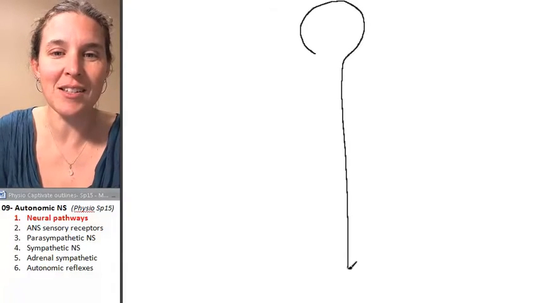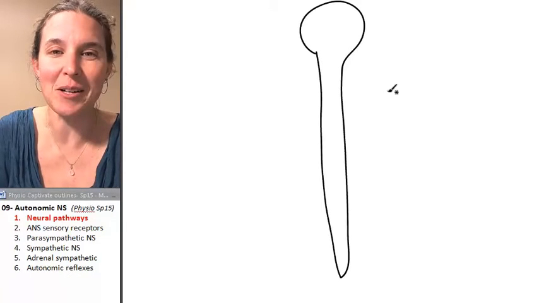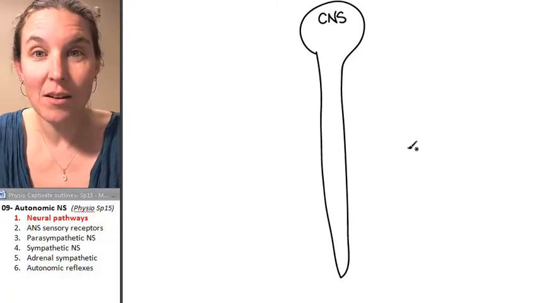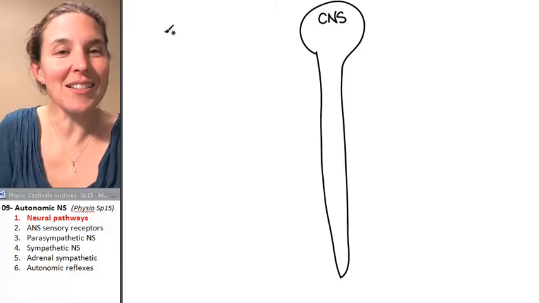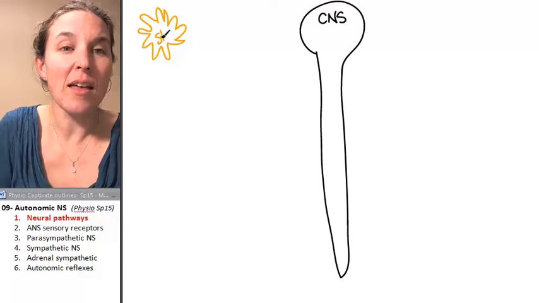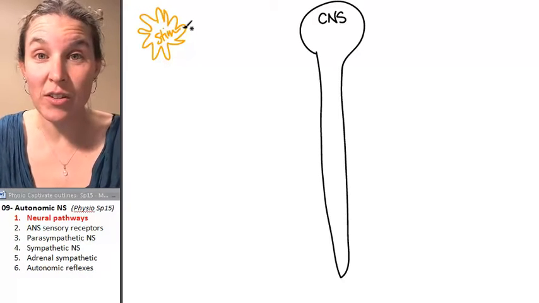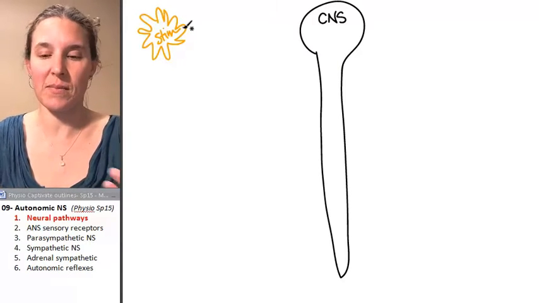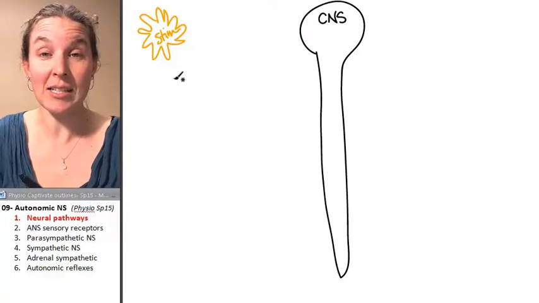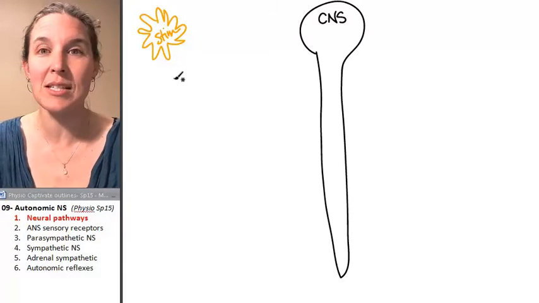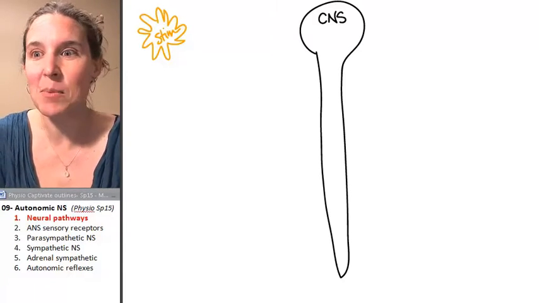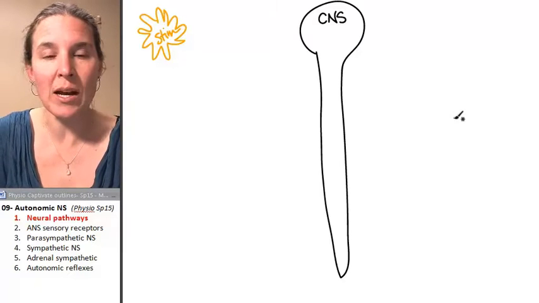And as always, we have a lovely brain and spinal cord to represent the central nervous system. As always, we must have some kind of stimulus that triggers the nervous system into action. We actually talked in the last lecture about all the possible stimuli and the mechanisms by which the stimulus can be translated into an afferent message.